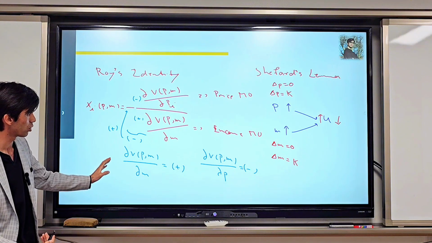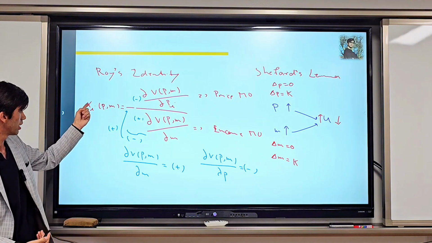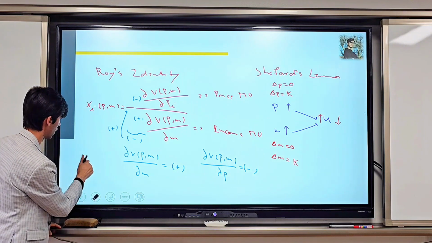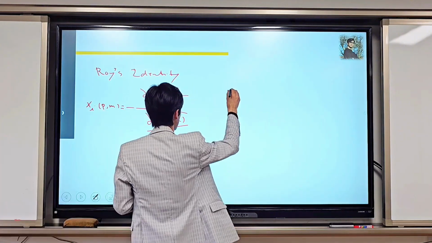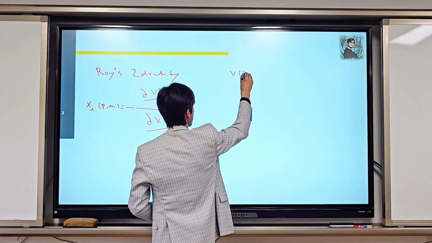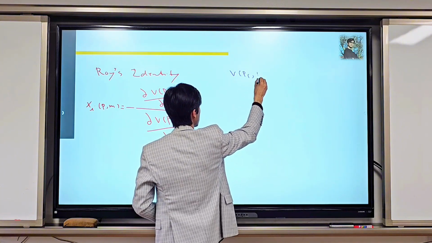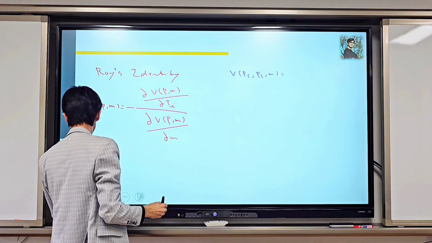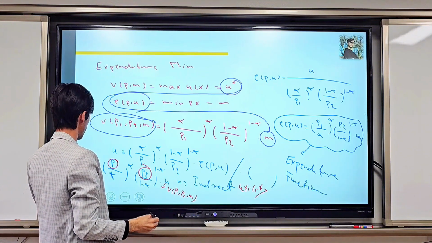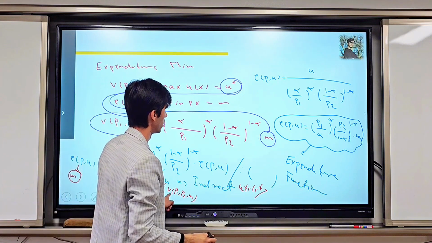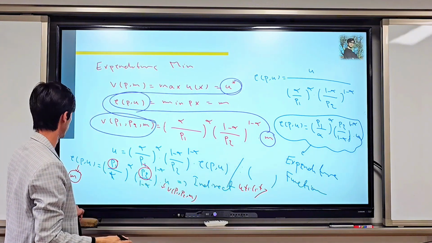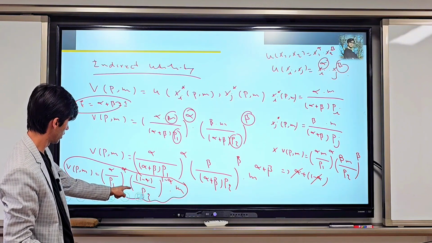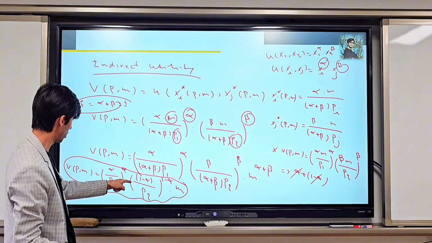By using Roy's identity, we can find the Marshallian demand function. So we have our V(P1, P2, M). Where was that? Alpha, okay.